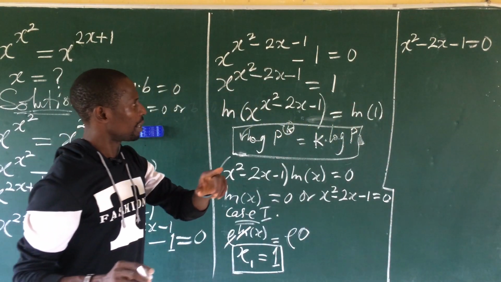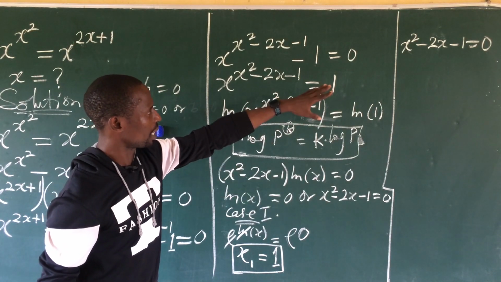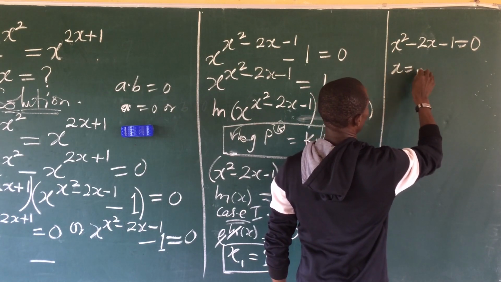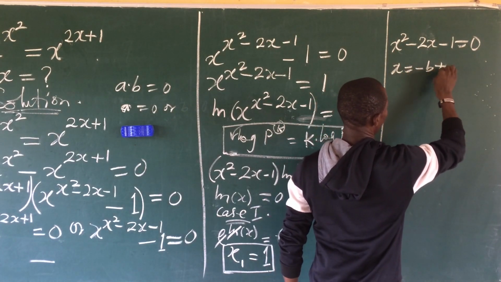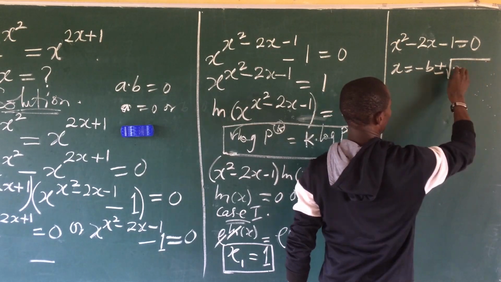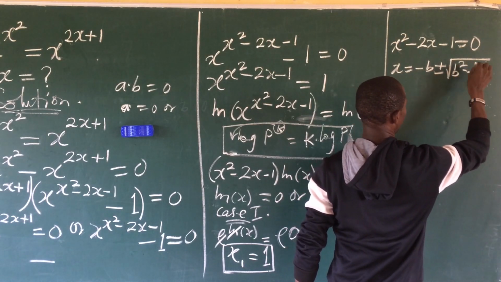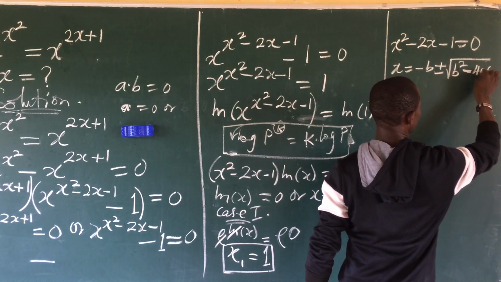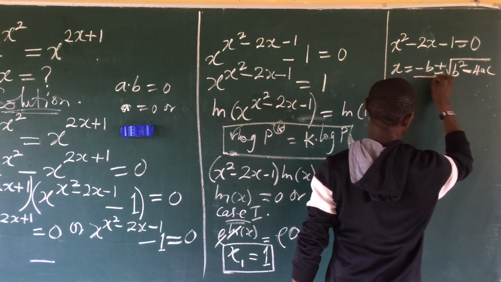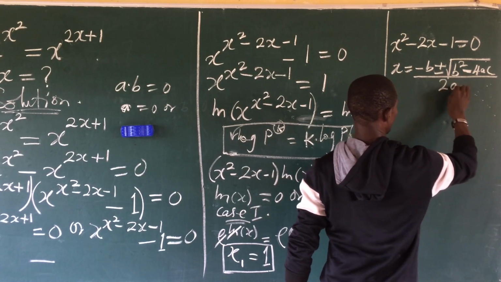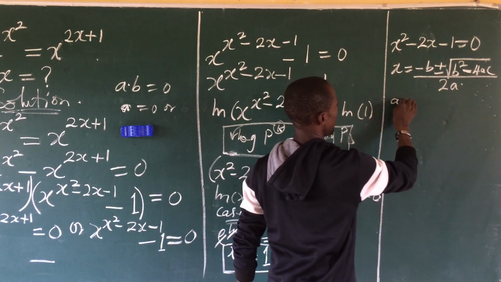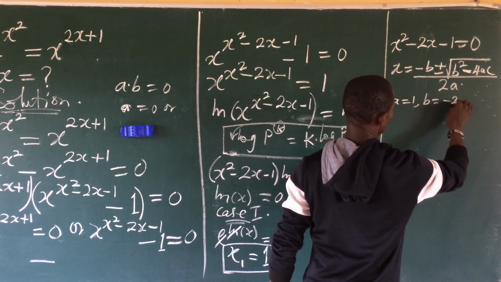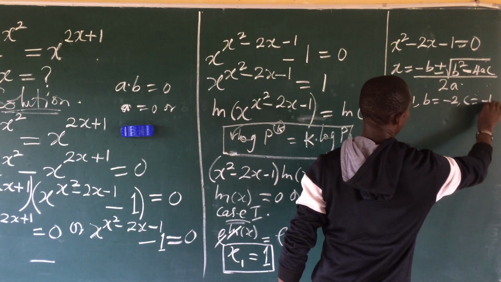The formula says x equal to minus b plus or minus the square root of b squared minus 4ac, everything all over 2a, where a is equal to 1, b is equal to minus 2, and c is equal to minus 1.